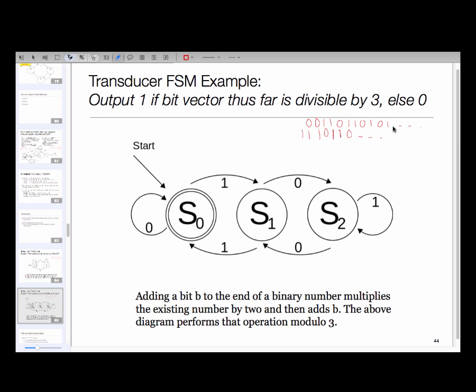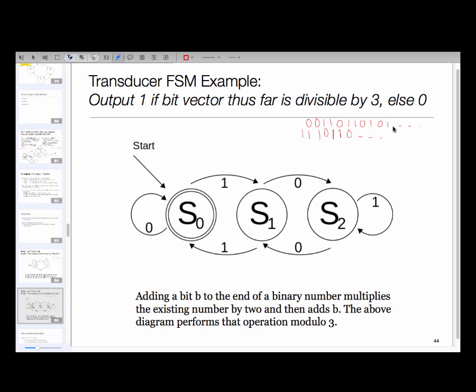Good. Multiply by 2. So if I have a number which was divisible by 3 and I multiply the number by 2, is the new number still divisible by 3? Yes, it is, right? So if I have an S0 and I get a 0, I should stay put there. Agreed? Okay.